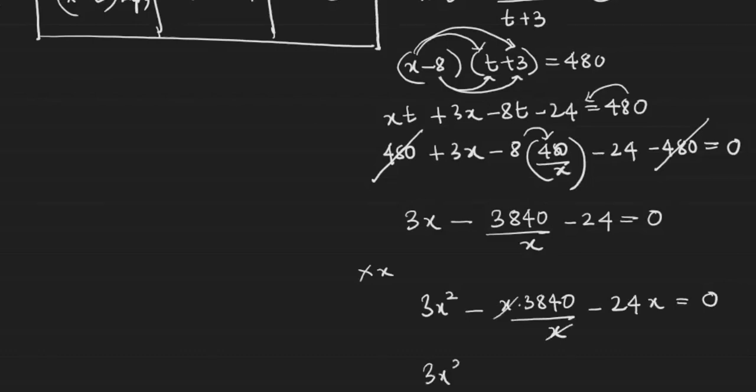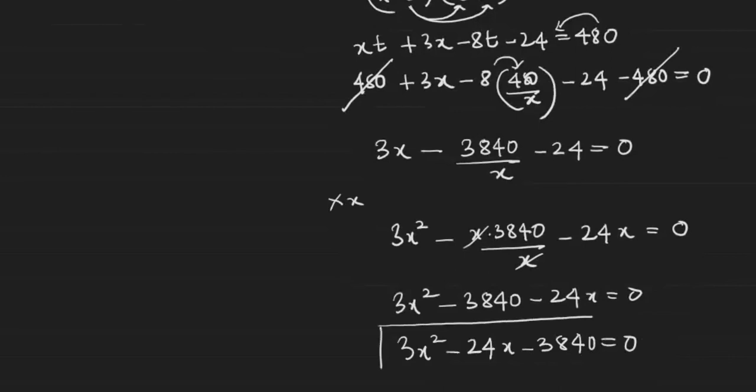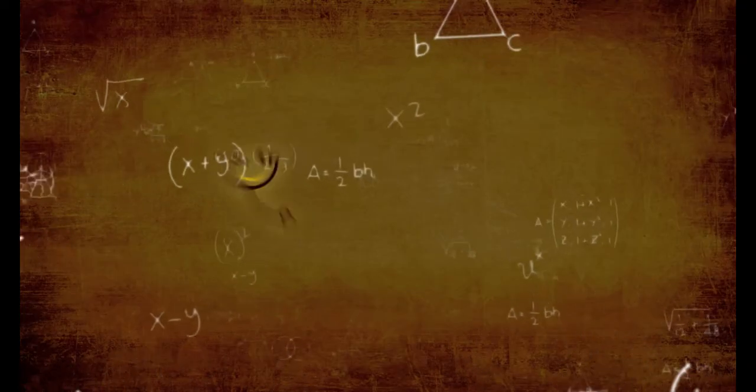So we have 3x square minus 3840 minus 24x equals 0. So if I rearrange the terms, I get 3x square minus 24x minus 3840 equals 0. This is the required quadratic equation. And if you solve it, the value of x will be the speed of the train.